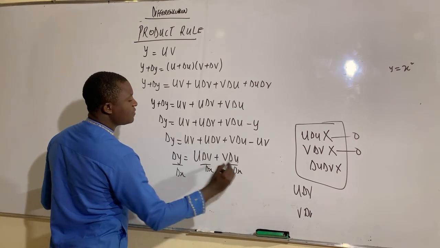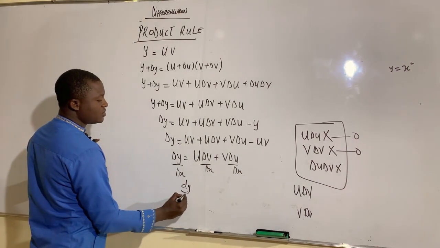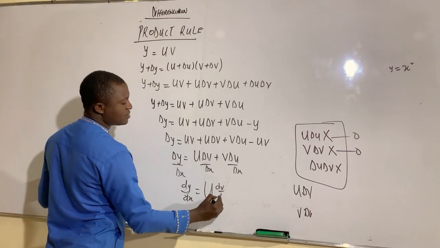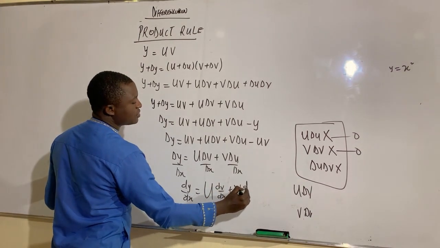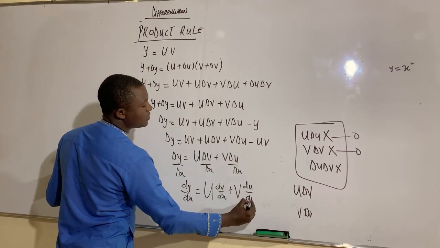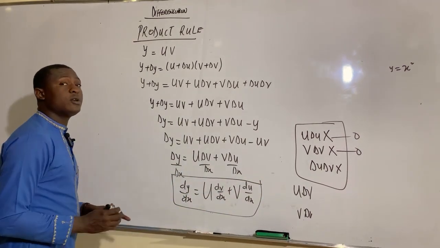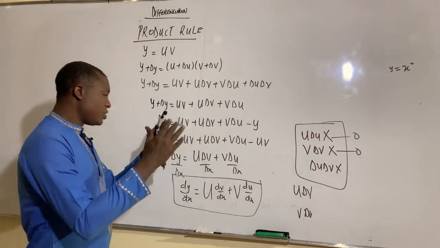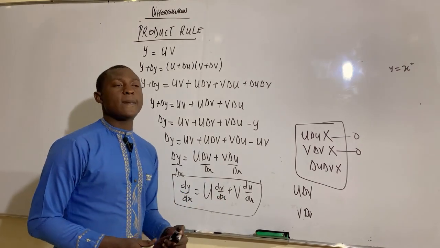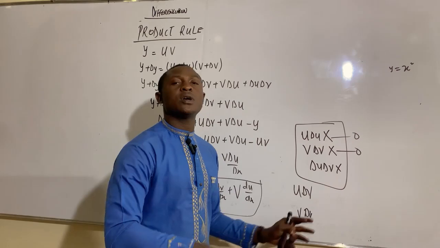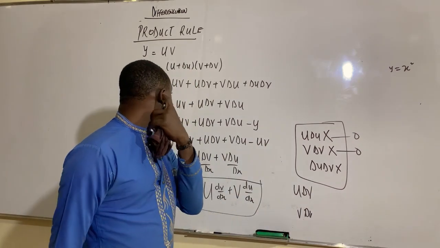So you can see the formula. The formula is dy/dx is equal to u dv/dx plus v du/dx. So this is our formula for the product rule. If you are solving a problem using the product rule, when you have two functions, let the first one be u, let the second one be v, or anyhow you like it. Then differentiate the first one, the second one, and apply the formula.